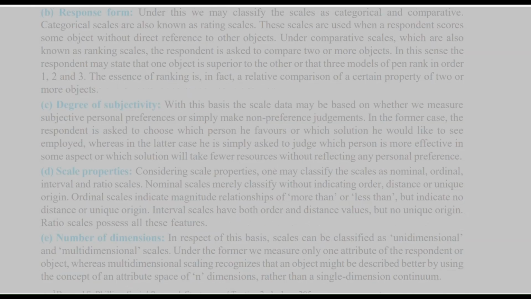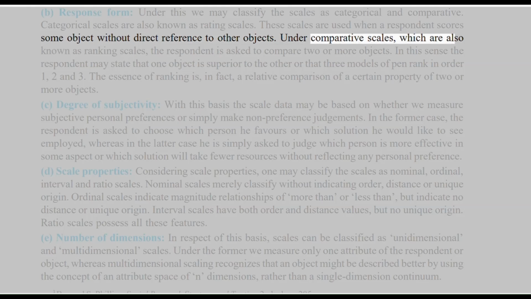B. Response form. Under this, we may classify the scales as categorical and comparative. Categorical scales are also known as rating scales. These scales are used when a respondent scores some object without direct reference to other objects.